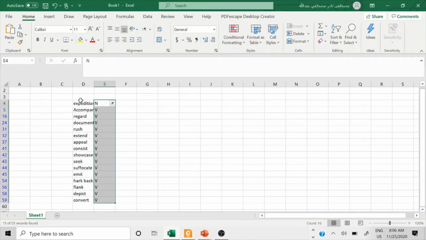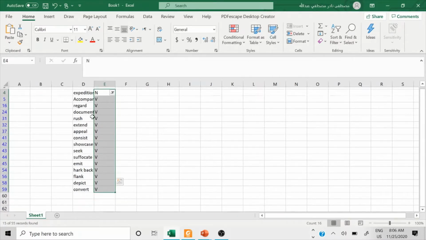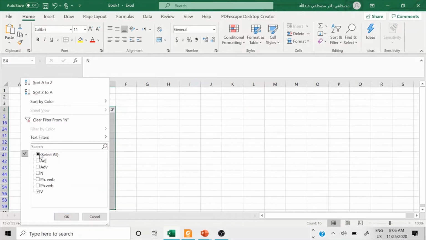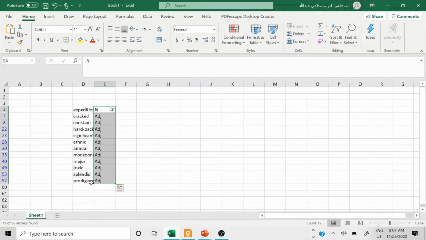We paste the active words and their parts of speech in this way, and then we filter the parts of speech of the words from here, filter, and then we can select only the adjectives like this.